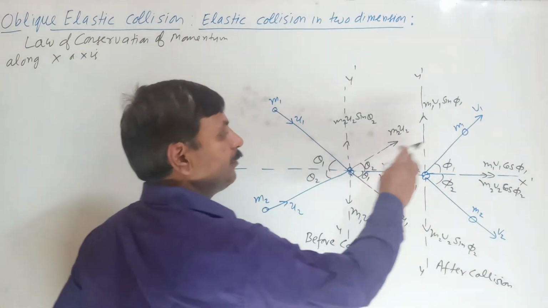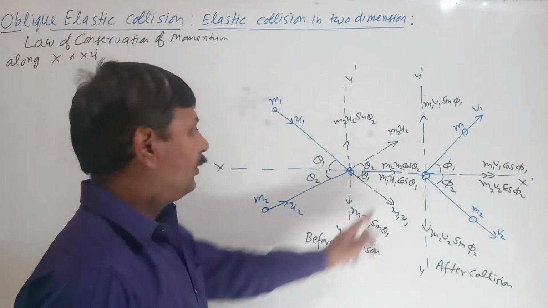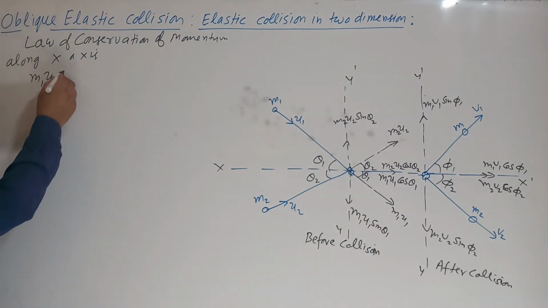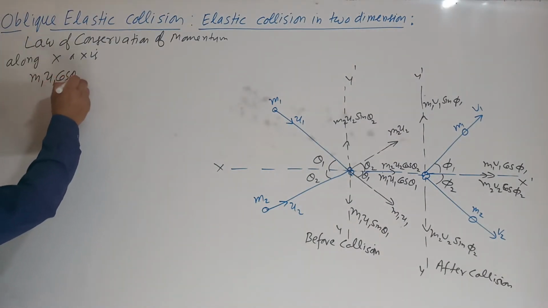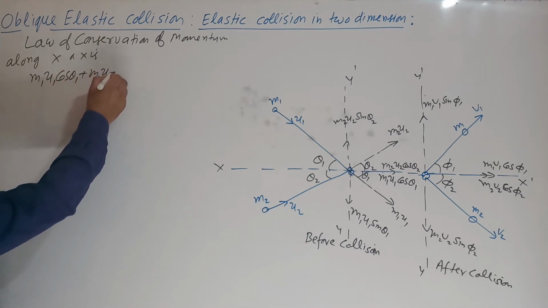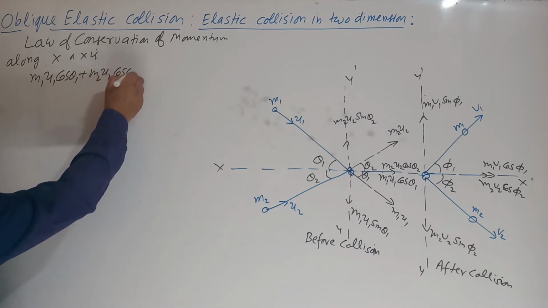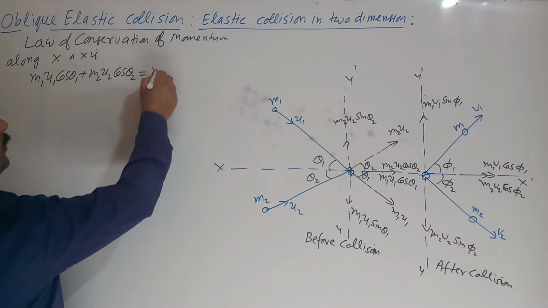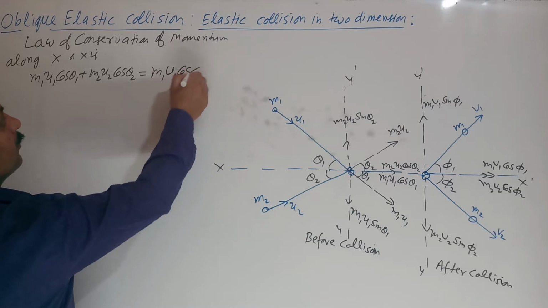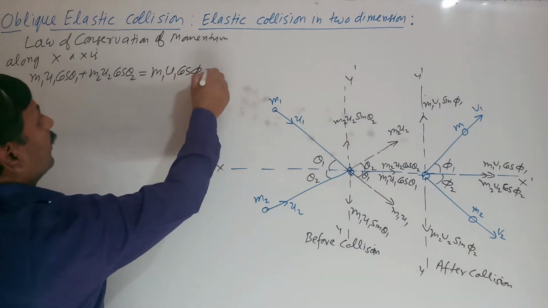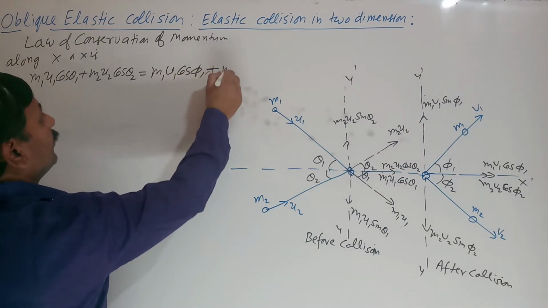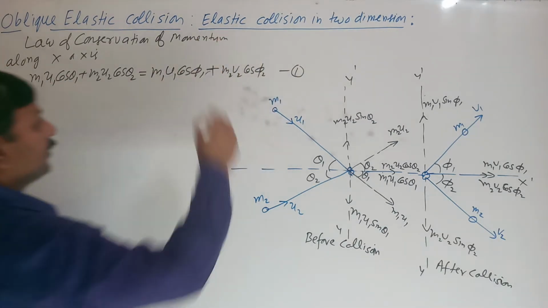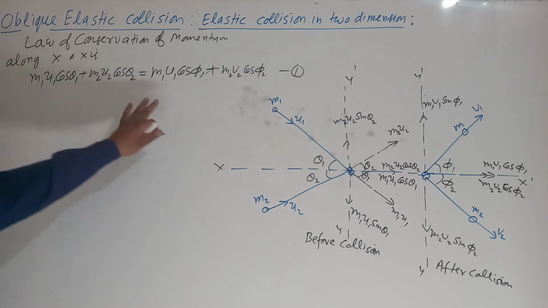So before collision the momentum is m1 u1 cos theta 1 plus m2 u2 cos theta 2, and after collision it is m1 v1 cos phi 1 plus m2 v2 cos phi 2. So this is the first equation I have made.